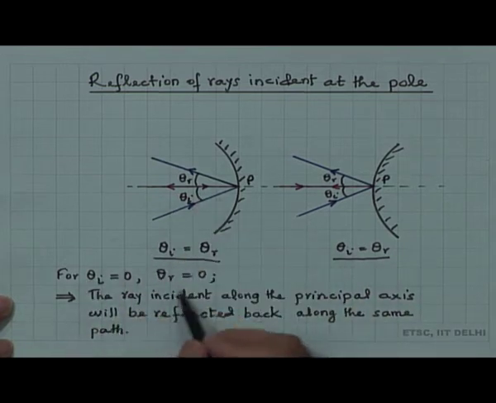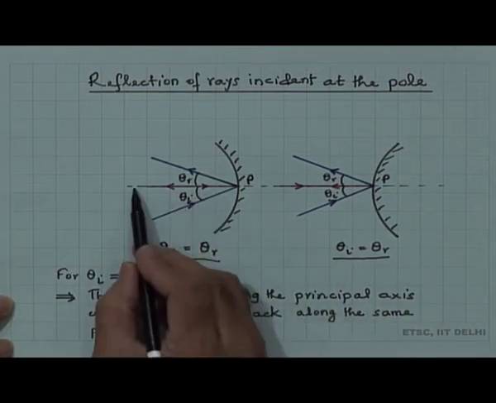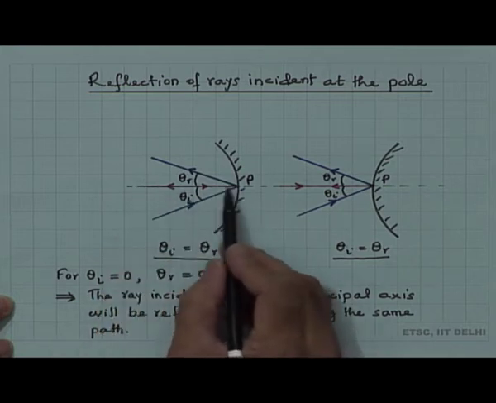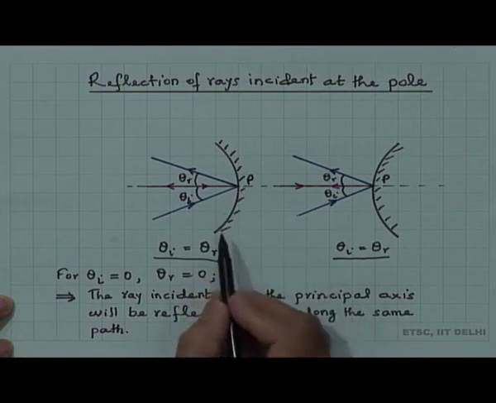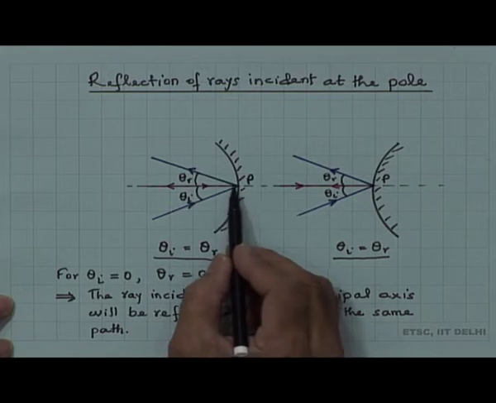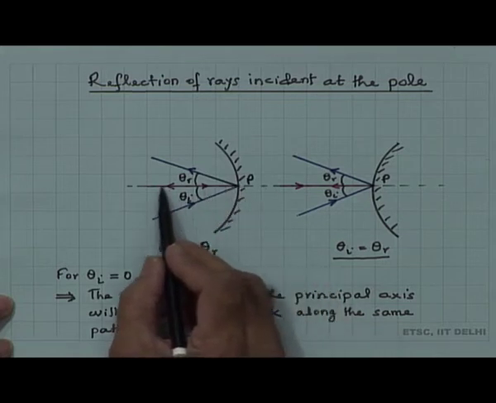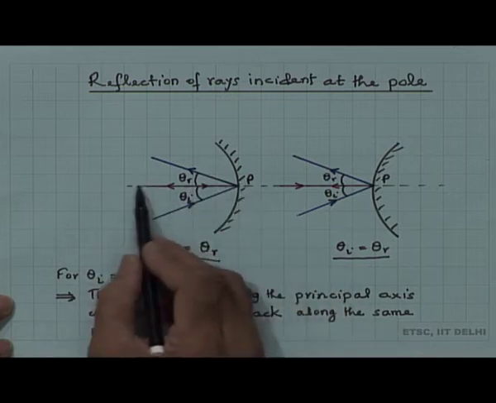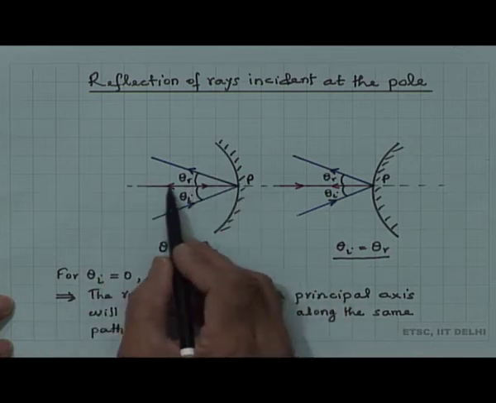A special case is if theta i is equal to 0, which means the incident ray is along the normal. Then obviously the law of reflection says that theta r must also be equal to 0. In other words, the reflected ray will be along the same path as the incident path, because this is the normal.